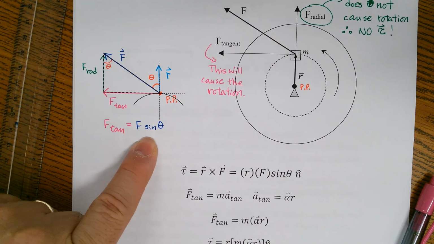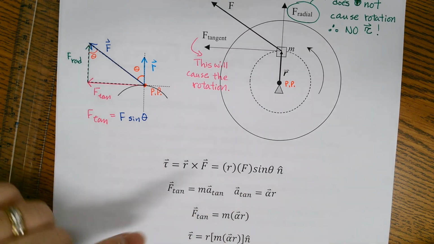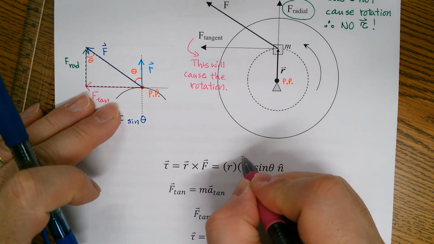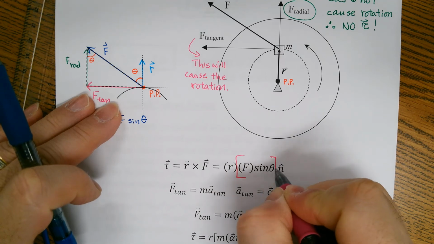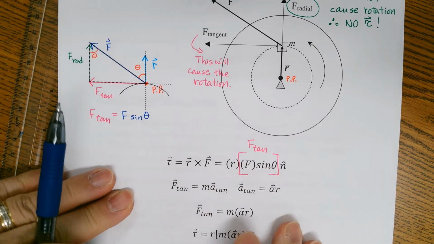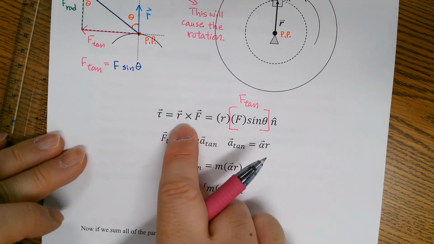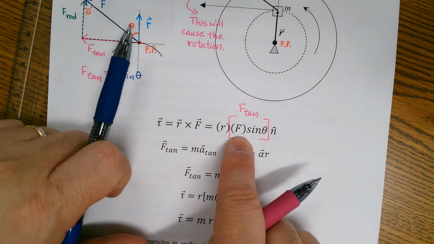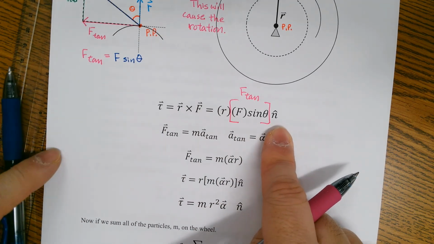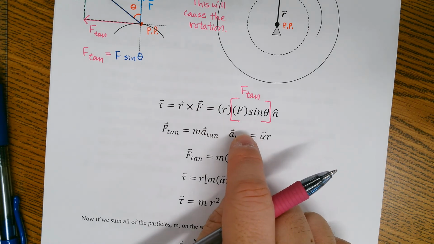So this F sine theta right here is basically F tangential. So R times F tangential n hat. What is F tangential?